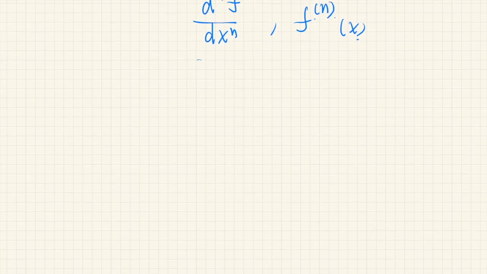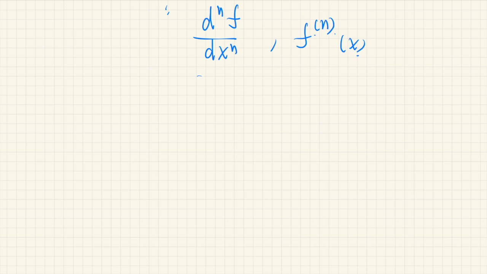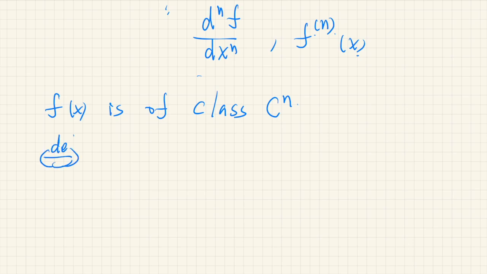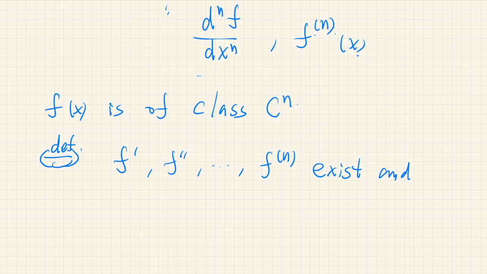Now we define some terms here. We say a function f of x is of class Cn if and only if the derivatives f prime, f double prime, and so on up to the nth derivative exist, and all of them are continuous.